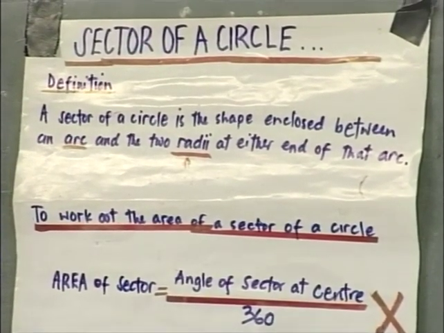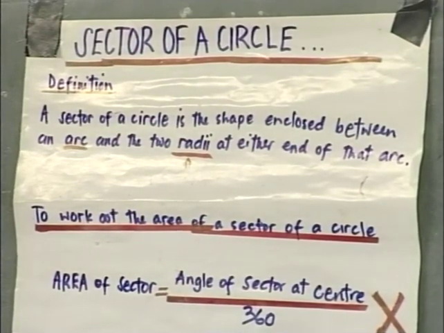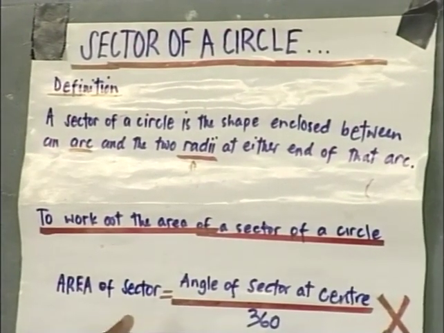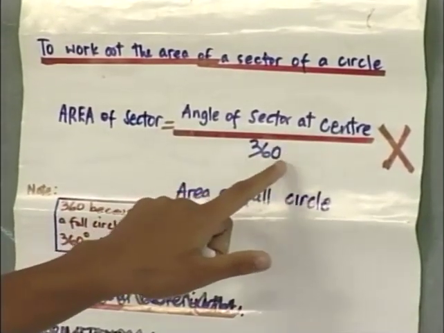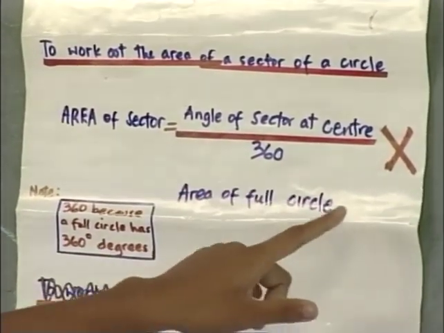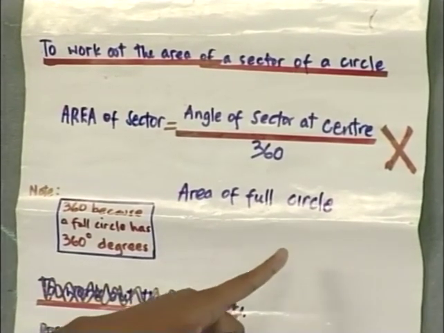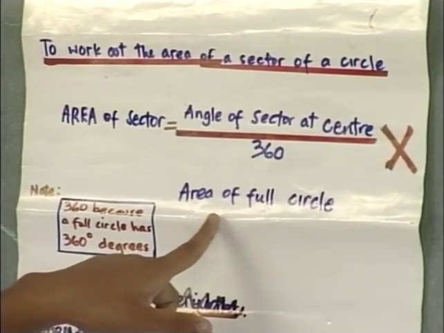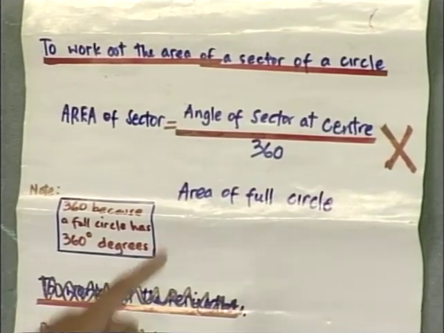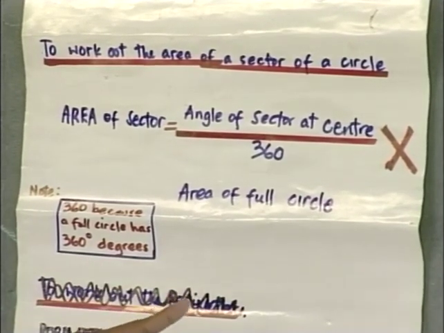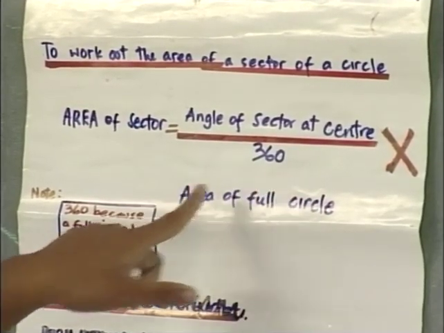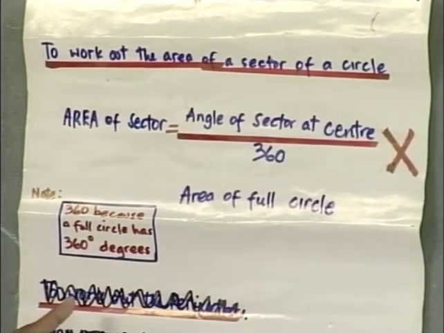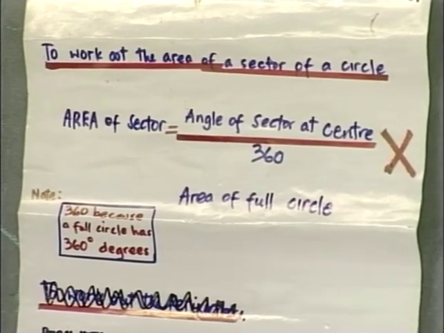To work out the area of a sector of a circle, we use the formula: area of sector equals angle of sector at center over 360 multiplied by area of full circle. We multiply by the area of the full circle because a sector is part of the circle. It's divided by 360 because a full circle has 360 degrees.